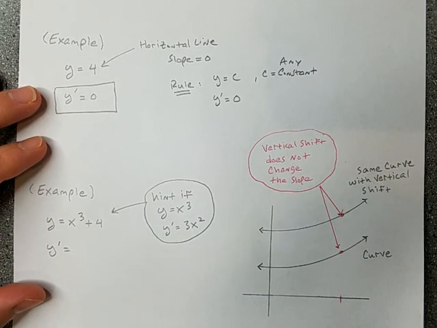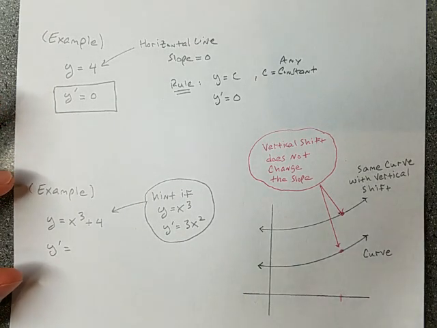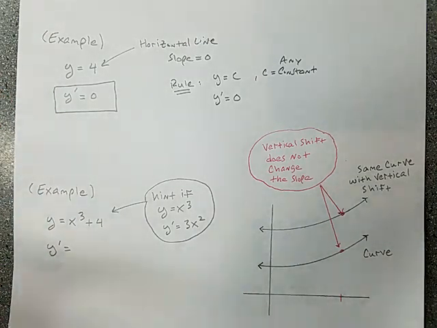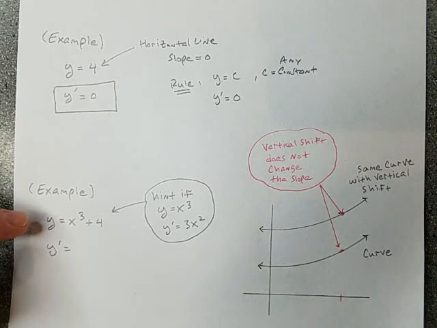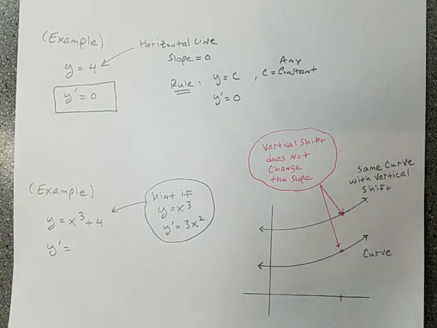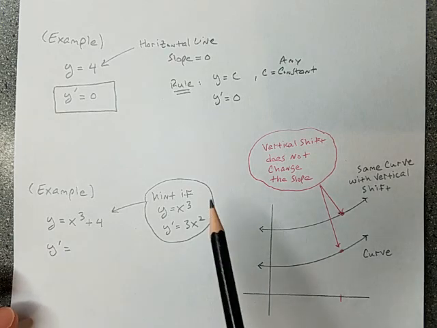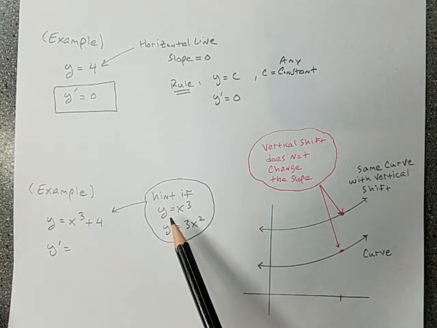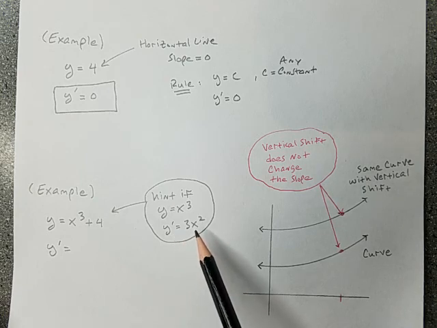Now here, this involves a little more thinking than what I just showed you, but I think that you're up to it, all right? So suppose I tell you that y is x to the third power plus 4, and I say, what's y prime? Okay? I haven't given you a rule for that one yet. But say I tell you a hint: if y is x to the third power, y prime is 3x squared.